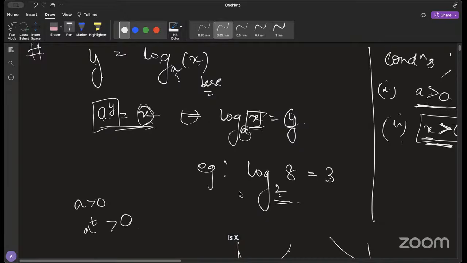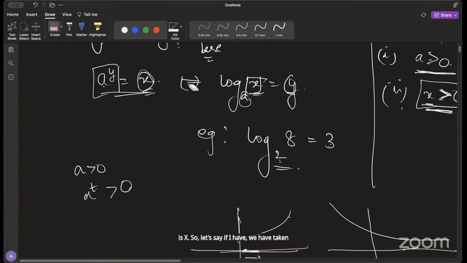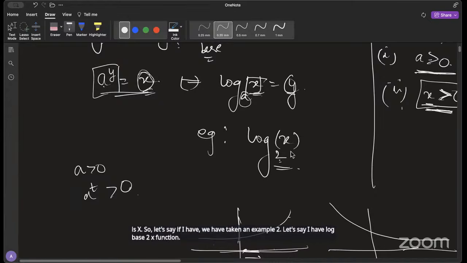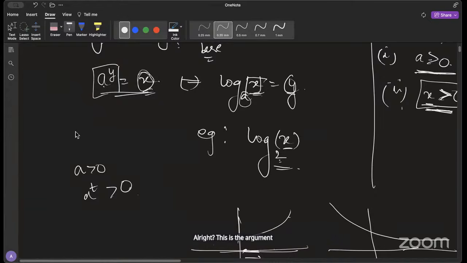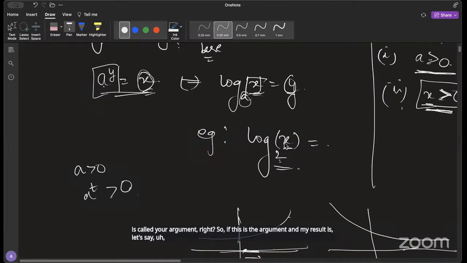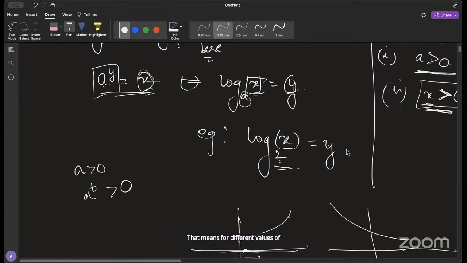Let's say we've taken an example too. Let's say I have the log base 2 x function. The x that you put here is called the argument. So if this is the argument and my result is y, that means for different values of x, I'll get different values of y.